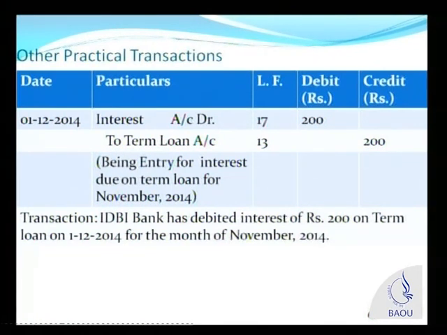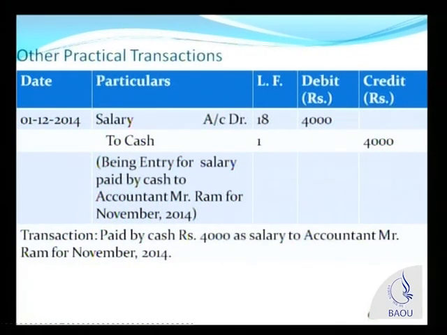Let's look at one more transaction of expense. Usually at the end of the month, or maybe after the month is over, you pay salaries to your employees. Here is a transaction wherein you are being told that paid by cash rupees 4,000 as salary to accountant Mr. Ram for November 2014.